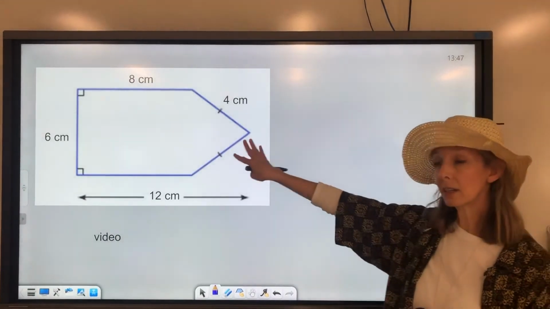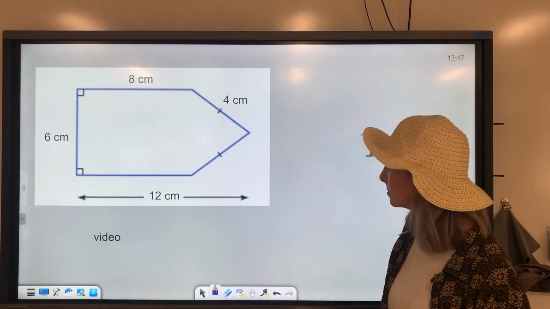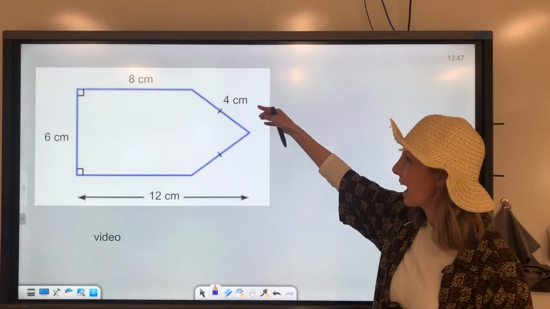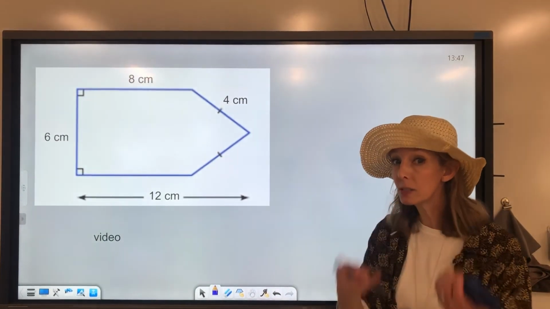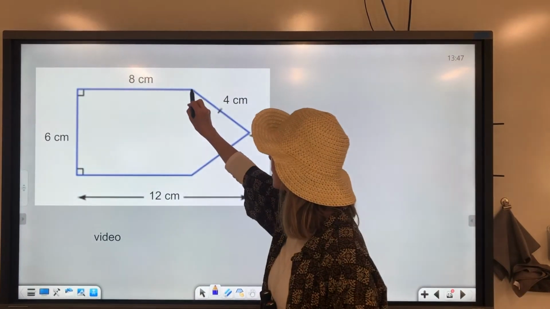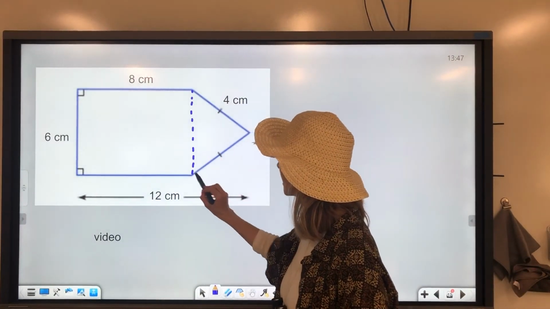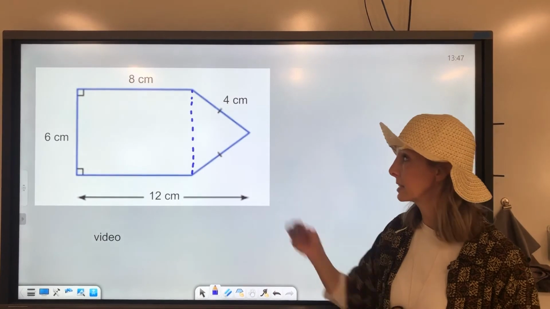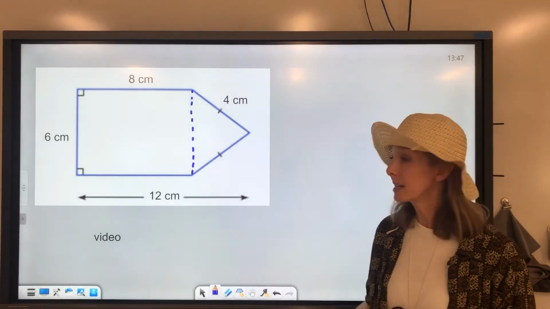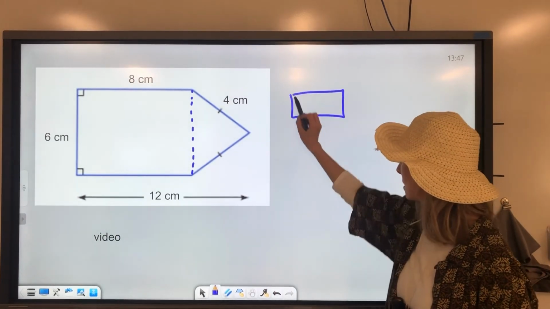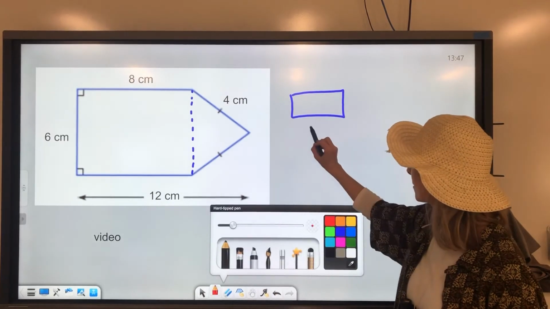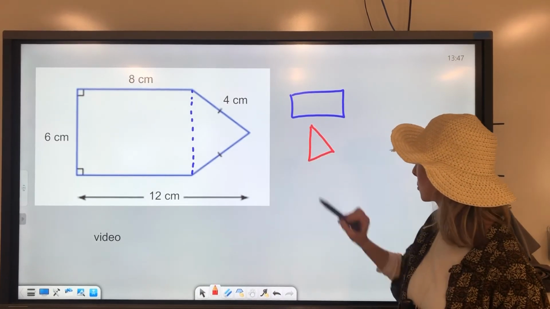All right, let's look here at another one. I don't have any lines separating it. So this is where you've got to take the time to go in and separate into two separate shapes. Now I see I have a rectangle, and I'm going to have a triangle.